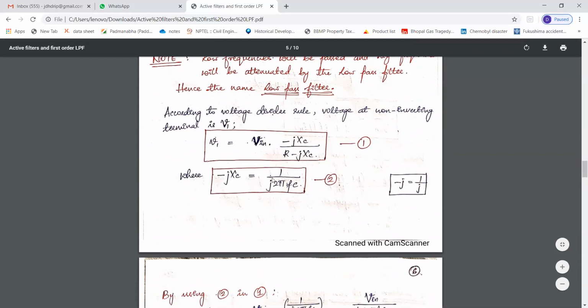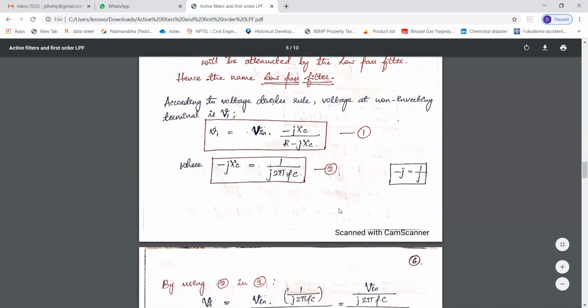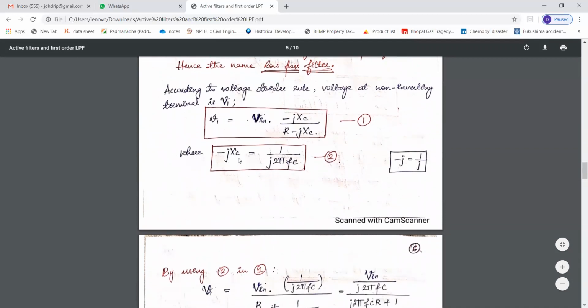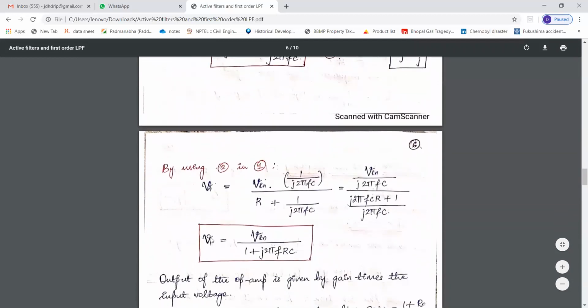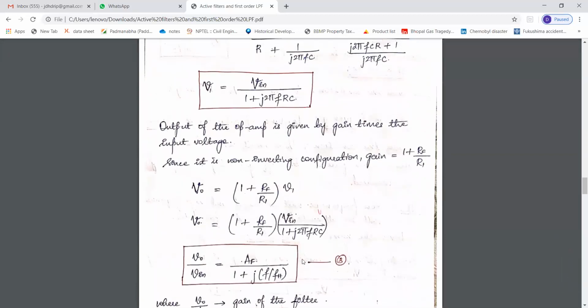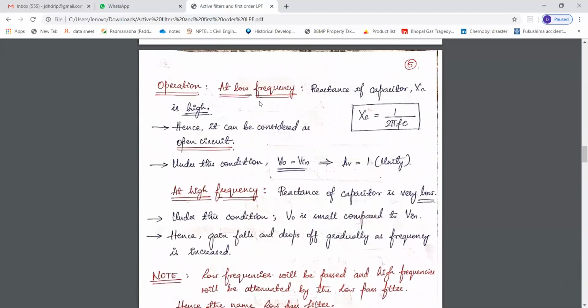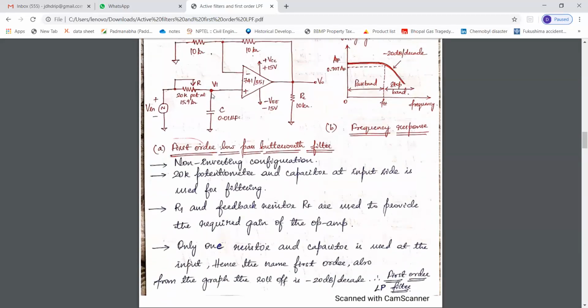We know that XC is equal to 1 by 2 pi FC. This minus J can be written as 1 by J. So minus JXC is equal to 1 by J 2 pi FC. And upon substituting this minus JXC in equation 1, we will get V1 is equal to V in by 1 plus J 2 pi FRC.